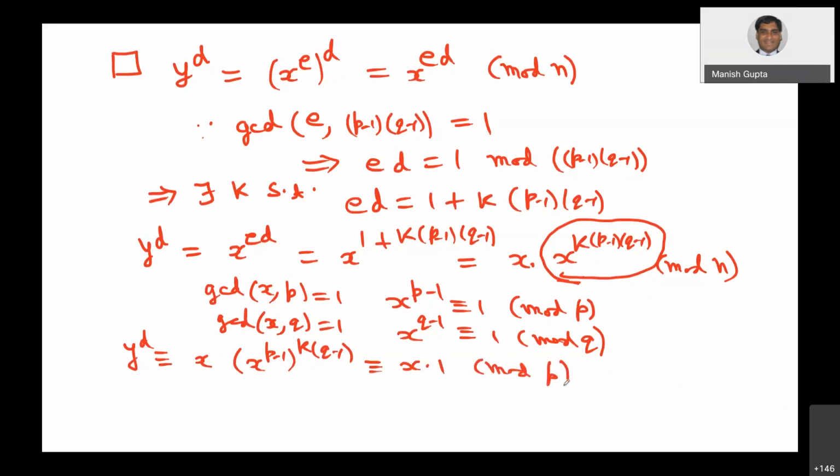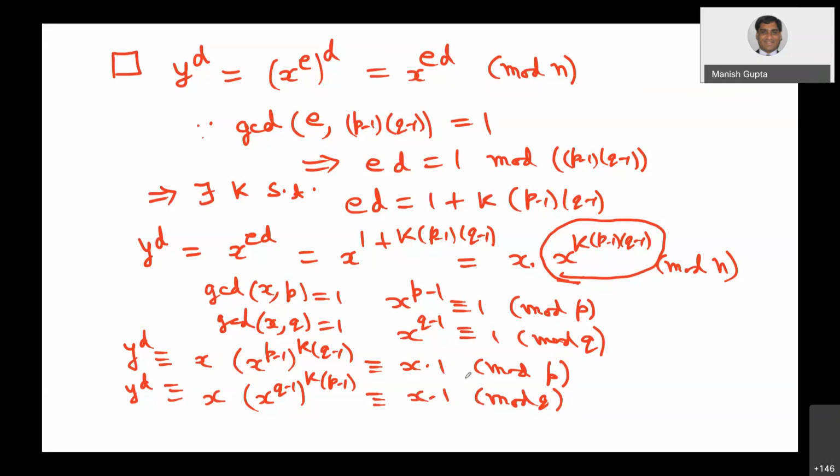So this whole thing will be X into 1 mod P, right? And also we can see that Y raised to power D is similarly X times X raised to power Q minus 1 times K times P minus 1, which is nothing but X times 1 mod Q, right? Got it?